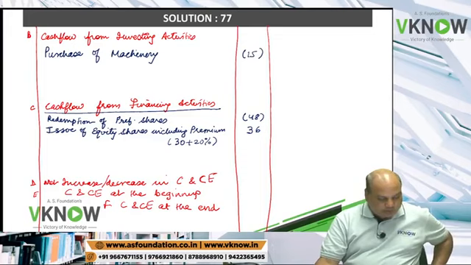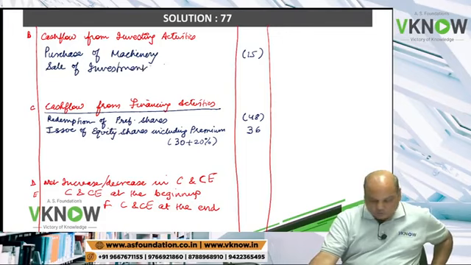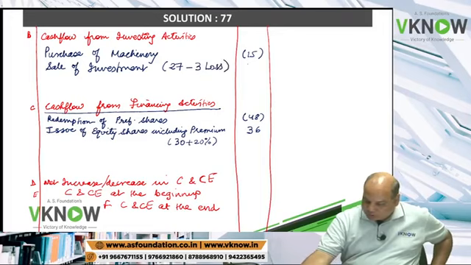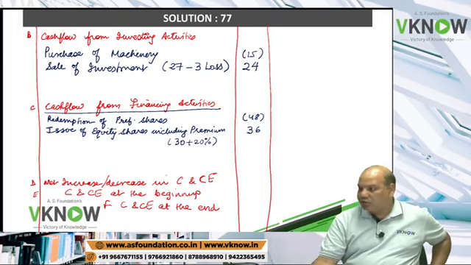Investment costing rupees 27 crores were sold at a loss of 3 crore. Sale of investment. Cost is 27 minus 3 crore loss, so net amount realized 24.